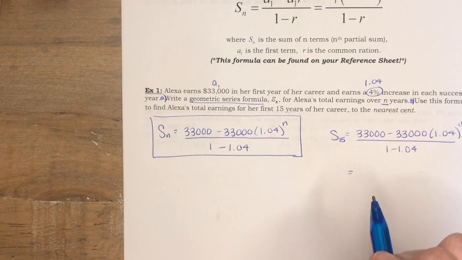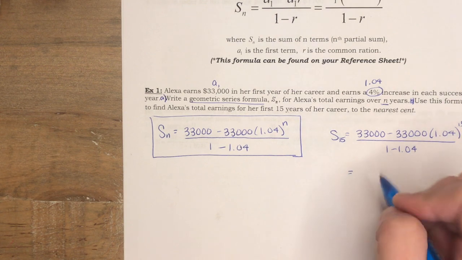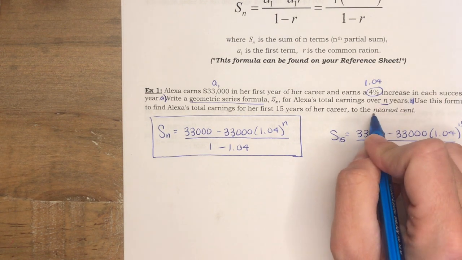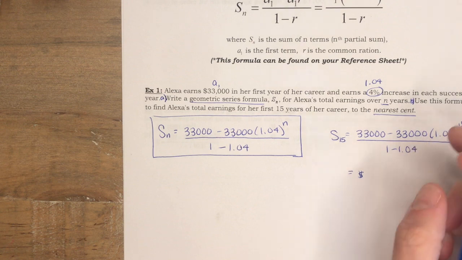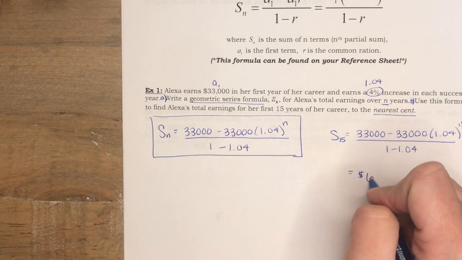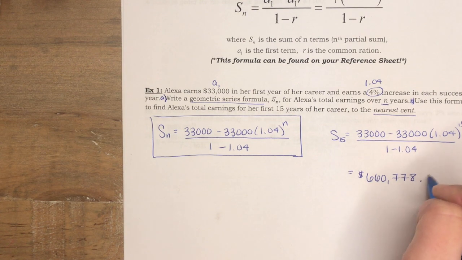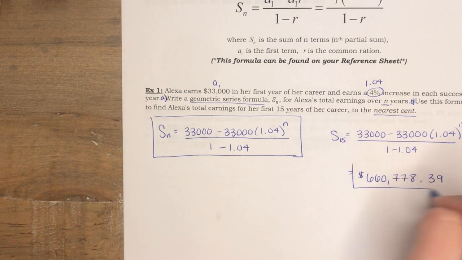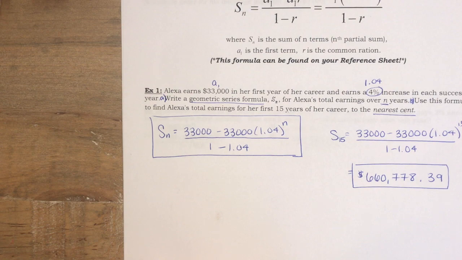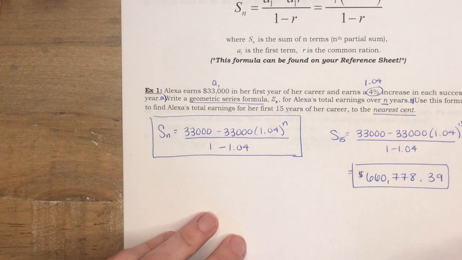And I'm going to plug that in, and I'm going to round to the nearest cent. So I get $660,778.39. Okay.